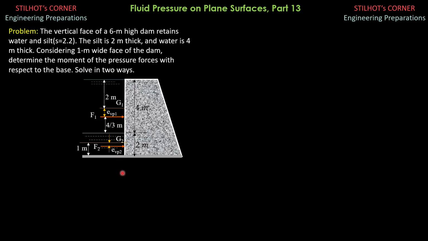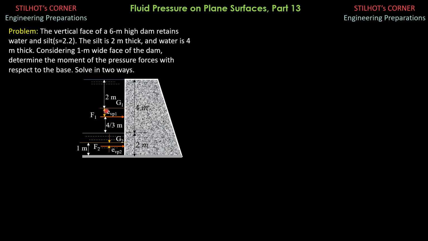So since the face is rectangular, the centroid of area 1 in contact with water is half of 4 meters, so 2 meters, and this is EV1. And because the pressure diagram is triangular, we expect that the distance of F1 from the interface between water and silt is 4/3, 1/3 of 4.